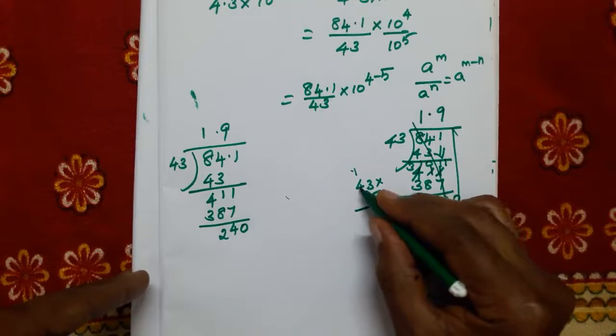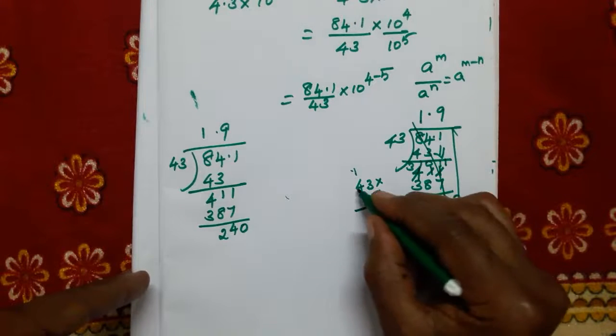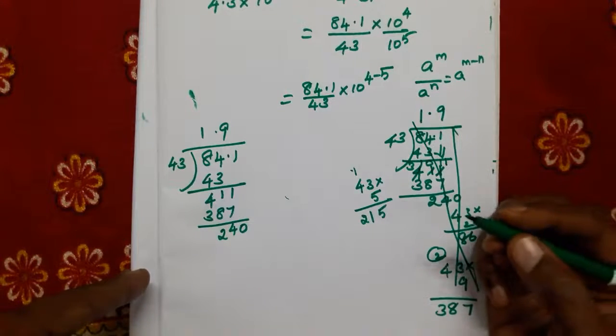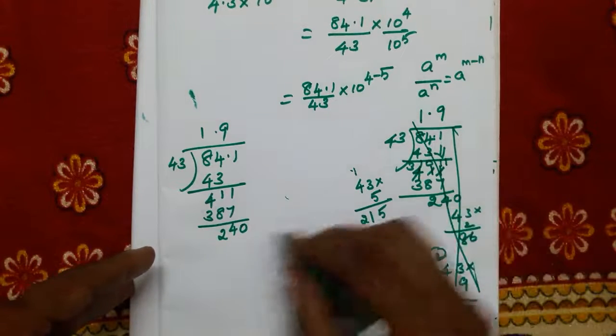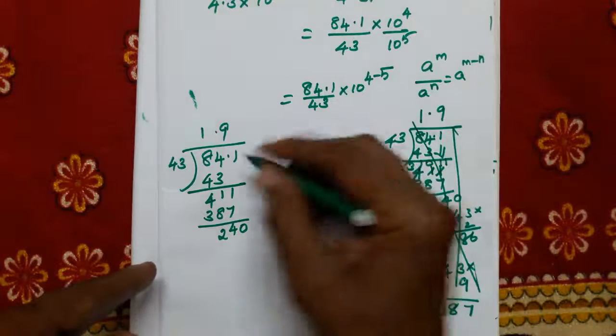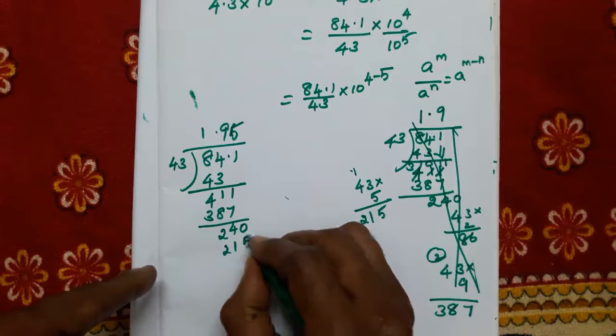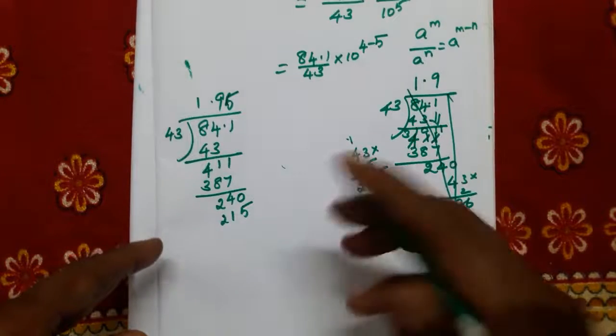Next 5 4s are 20, 21, 215. Will it go 6 times? No. So we can write 5 times 215.